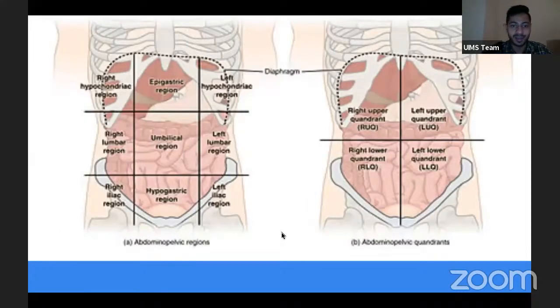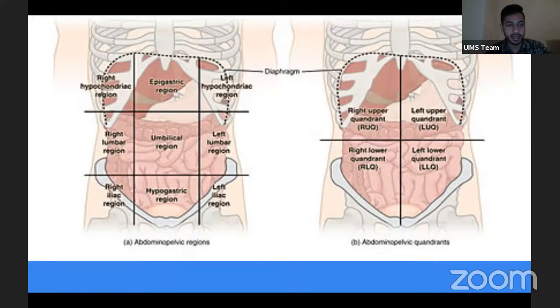Okay, I'm not sure you can see this image very clearly. I apologize for this, but as you can quite clearly see, on the right side you have the abdomen broken down into quadrants, and on the left side you have the nine regions. So above the stomach, it's usually the epigastric.